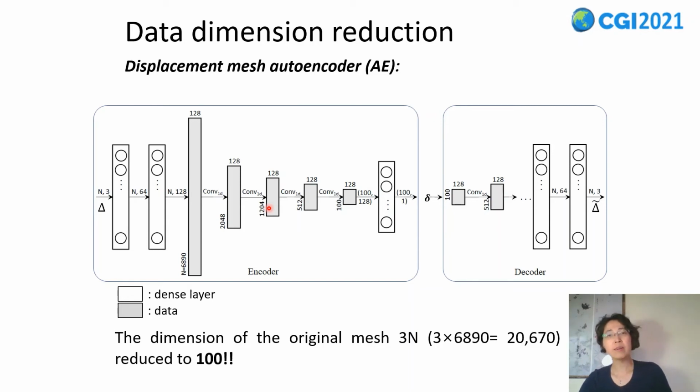The last linear layer learns to map the lowest resolution representation to a feature vector of size 100, which serves as the intrinsic representation of the skin displacement. The decoder takes the symmetric structure of the encoder and reconstructs the original skin displacement from the feature vector.